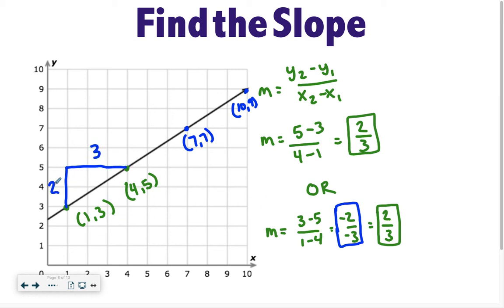And then you can write it just like we were using pictures. You know you went up 2 and over 3. So the slope would be 2 over 3. Okay. The only thing to be careful is if you end up going down, remember that would be a negative. Or if you had to move left to get to your next point, that would be a negative, right?